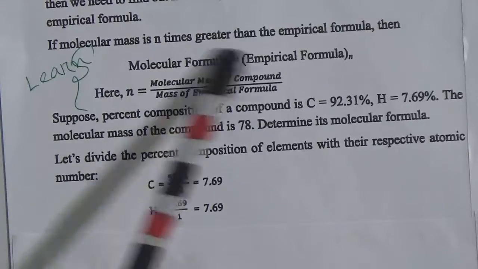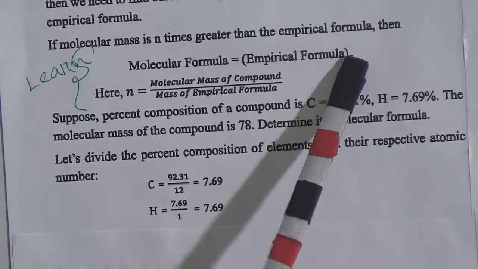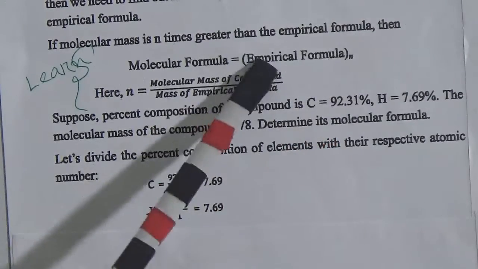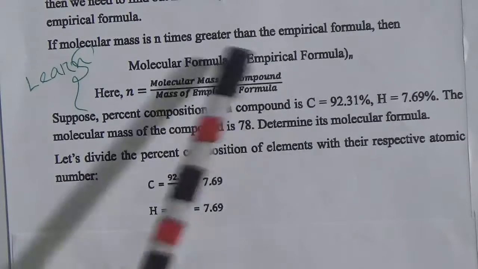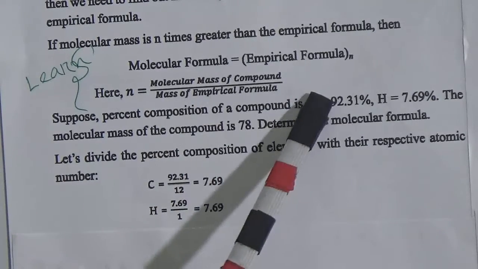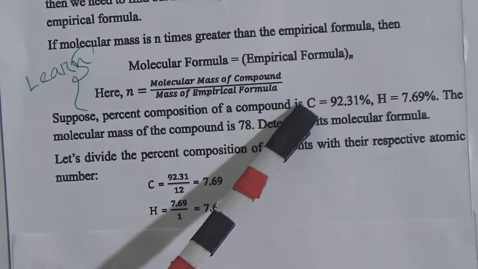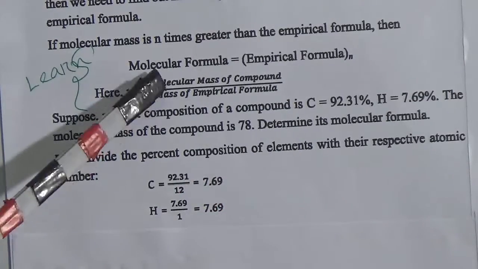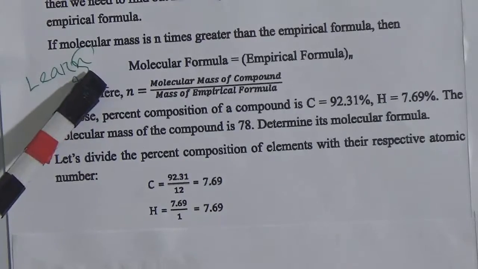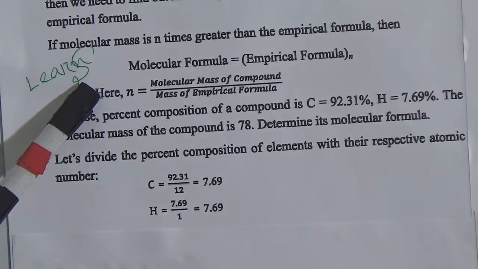That means molecular formula is equal to empirical formula multiplied by N. Here N is equal to the molecular mass of the compound divided by the mass of the empirical formula. Now because we have already found the empirical formula of phosphoric acid, we will try from that empirical formula to find out the molecular formula.